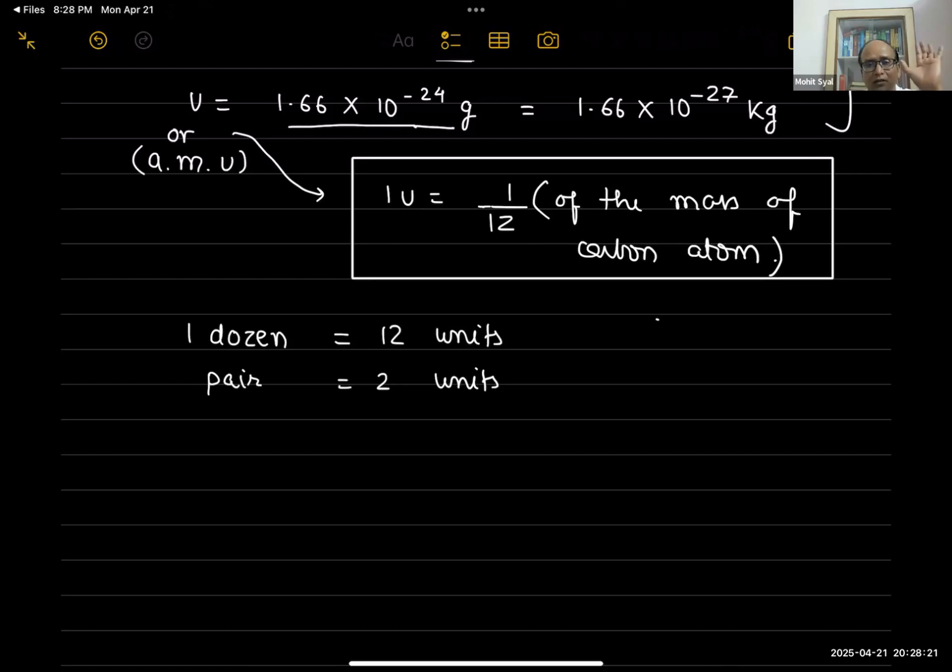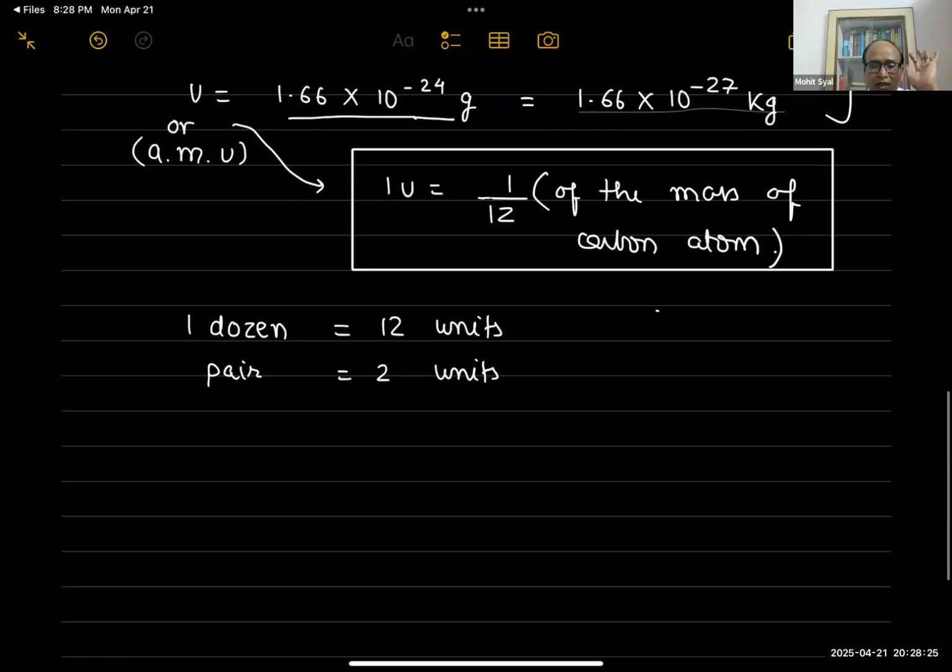Such a huge number because atoms are so small. If I want to count them, I need a very big unit, and that unit is 1 mole.